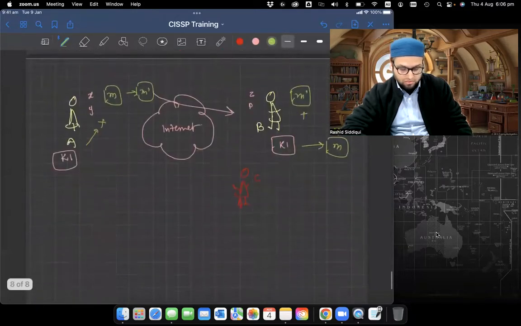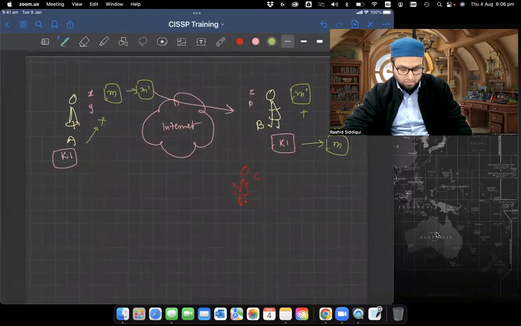But as you see, there are many problems with it. One of the problems is the key exchange: even though you have Diffie-Hellman, there are ways it can be intercepted. So it's not that secure.